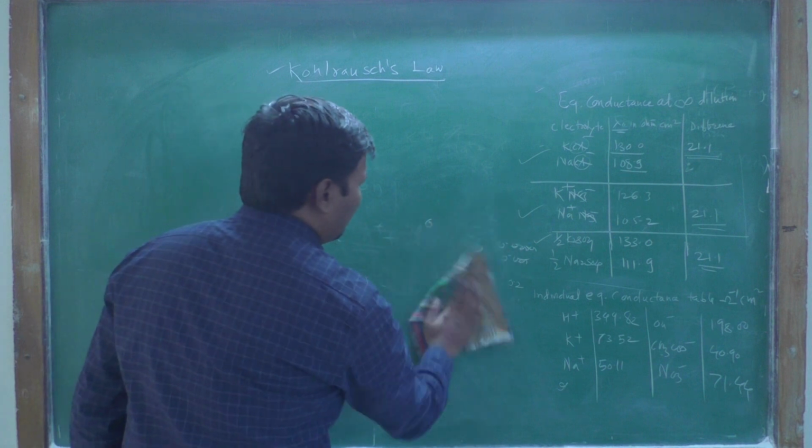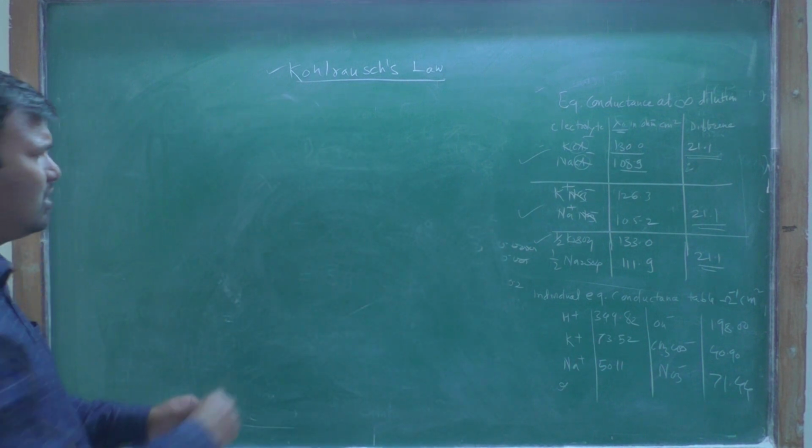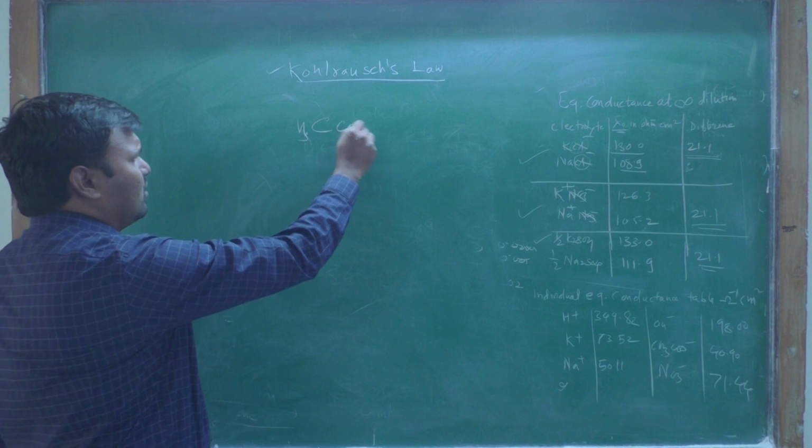The second method is the arithmetic method. To find lambda 0 for the weak electrolyte, by addition and subtraction you find the actual value.